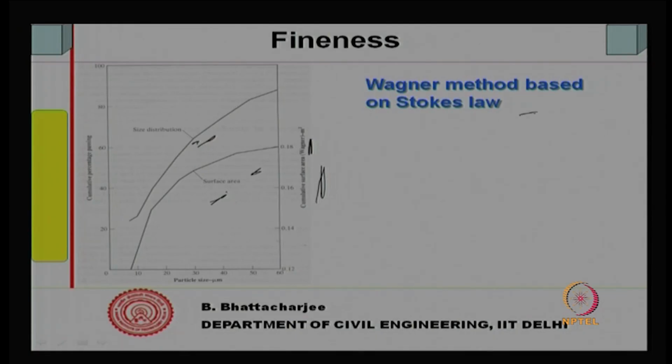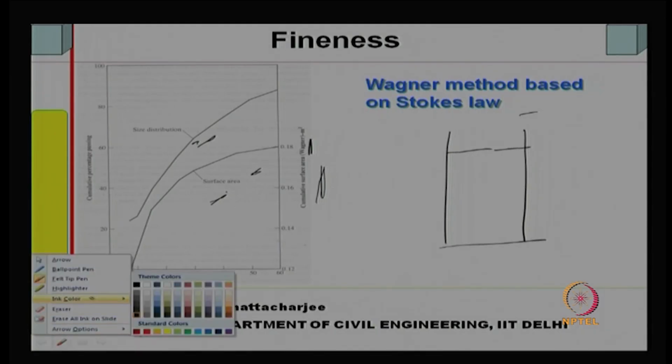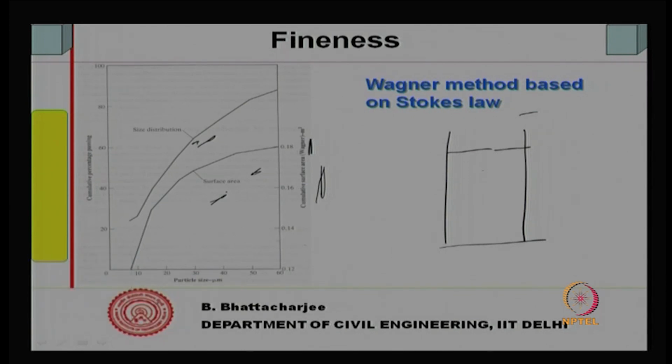This Wagner method is based on Stokes law. What is Stokes law? I will not go into the equation, but suppose I have a turbid mixture with particles in it. The larger particles settle first, lower down, and then the finer particles.